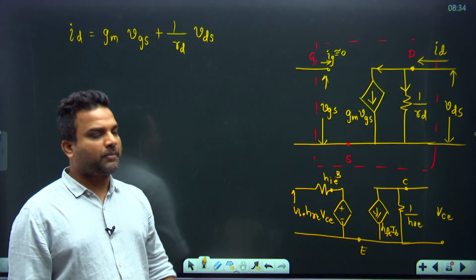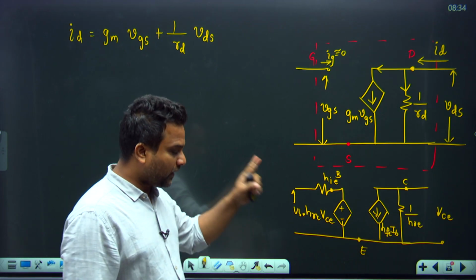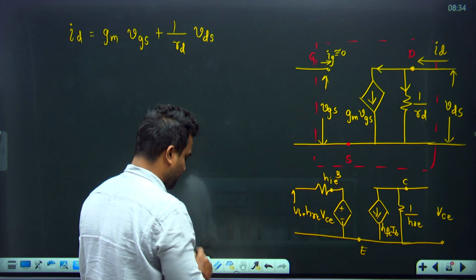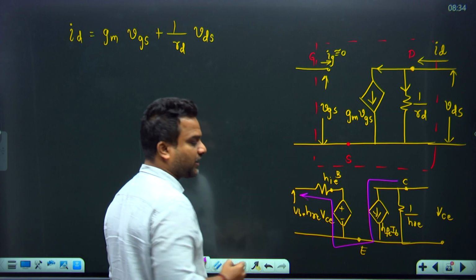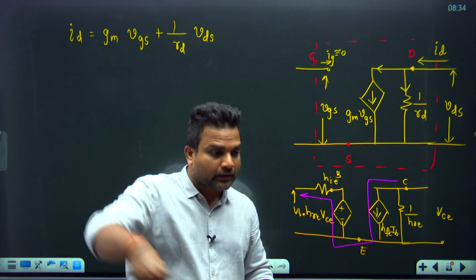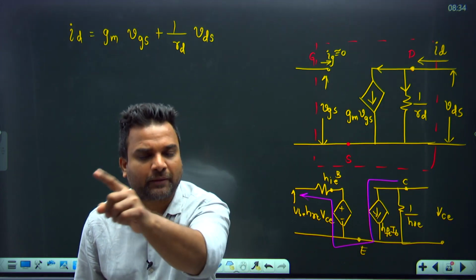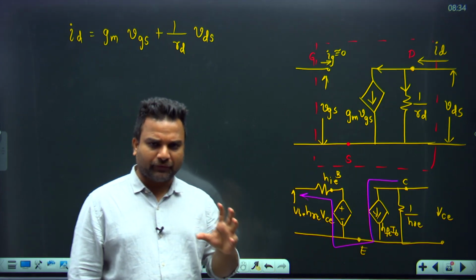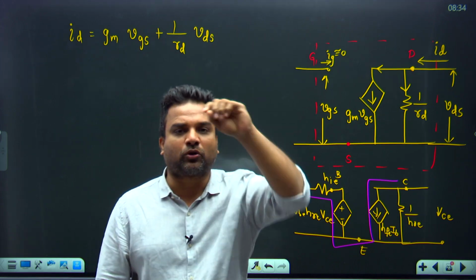Now tell me, what is the difference? The difference is, in BJT there is a connection from output to input. Connection in the sense there is a path, current can go, output can move from output to input, which is called feedback. Whereas in the FET small signal model, is there a connection from output to input?